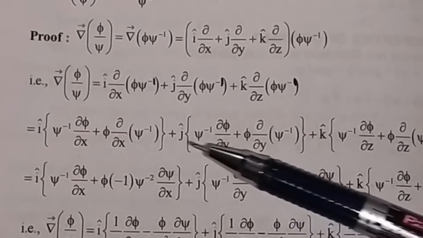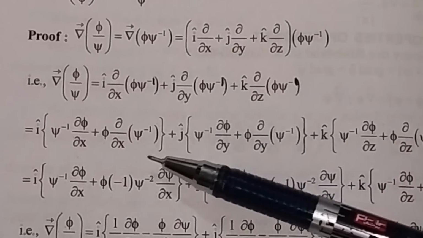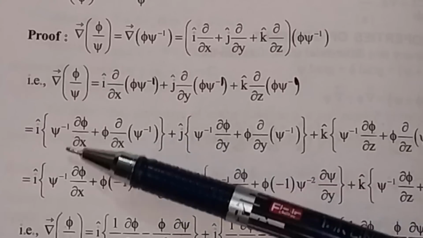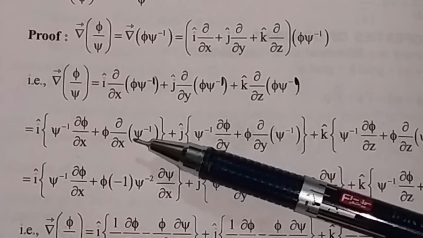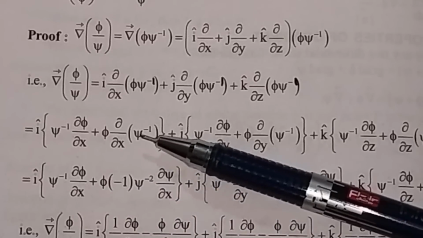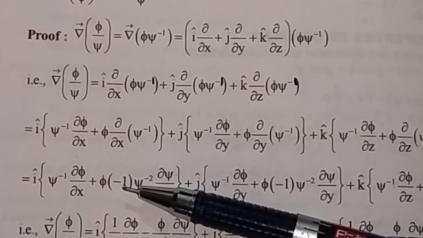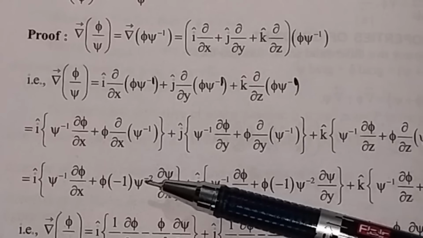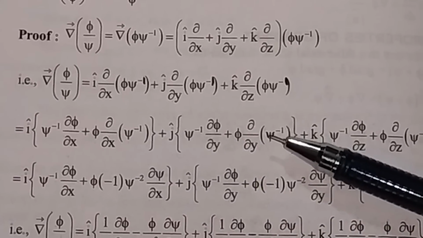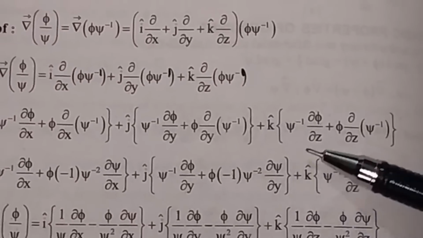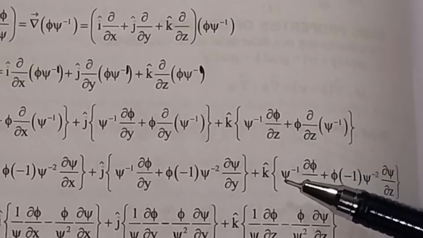Then for this second function, the first function psi inverse times partial derivative of phi with respect to x as it is, and when you take the partial derivative of psi inverse with respect to x, this will be equal to minus 1 psi to the power minus 2, then partial derivative of psi with respect to x. Similarly, you write the y term here, and the z term here, and the first term as it is.